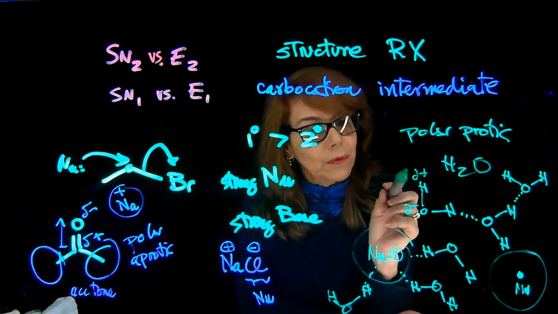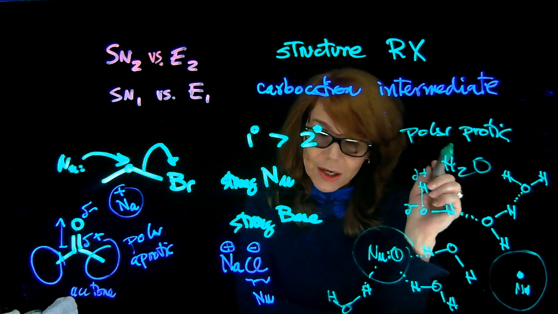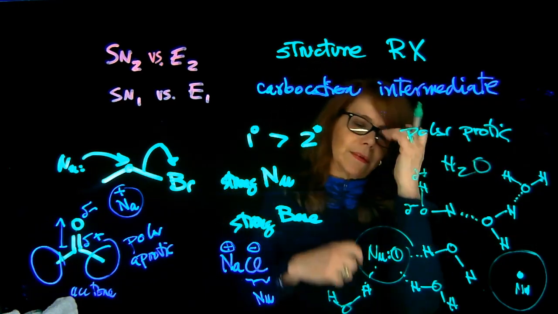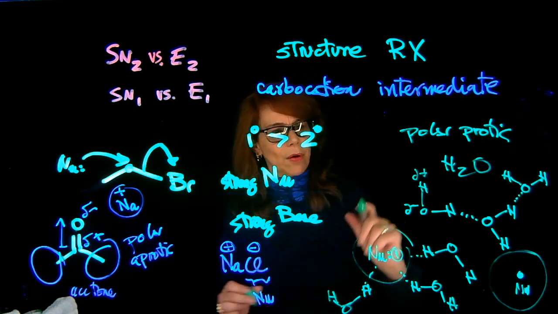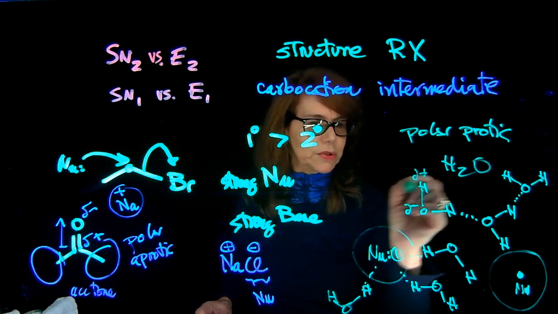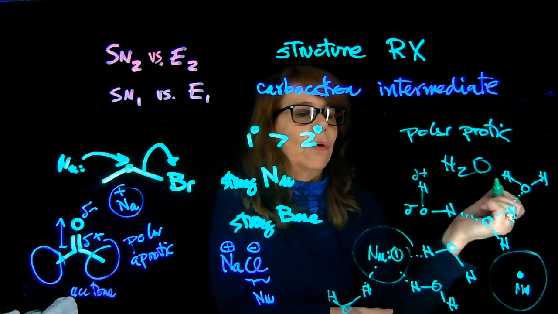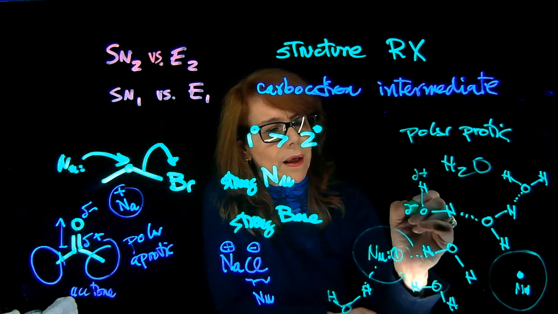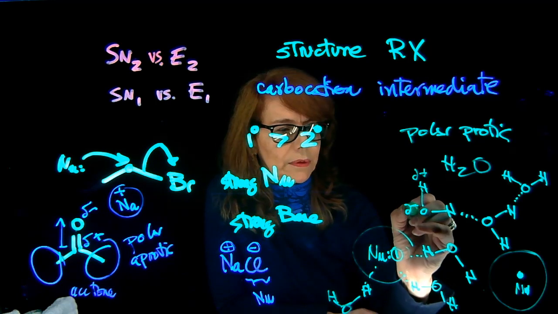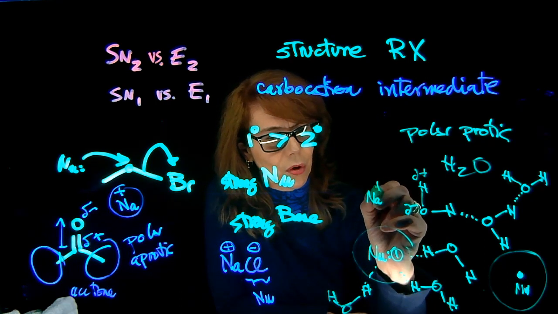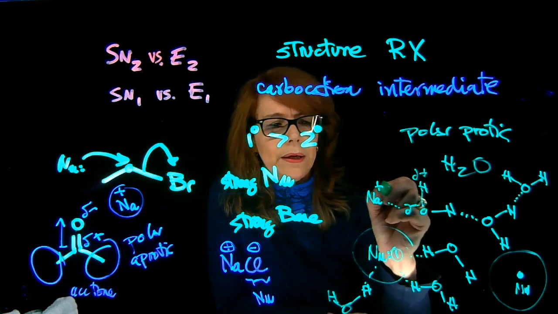So that's why polar protic solvents are not good for SN2, in which we need strong nucleophiles. Polar protic solvents, such as this one, can also stabilize counter ions. If this is delta positive here and delta negative at the oxygen, and you had something like sodium, then it can stabilize that.